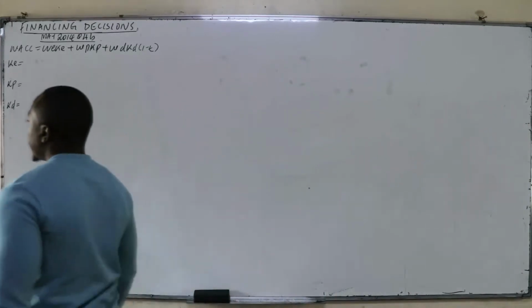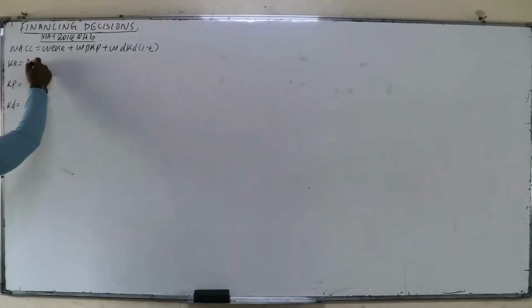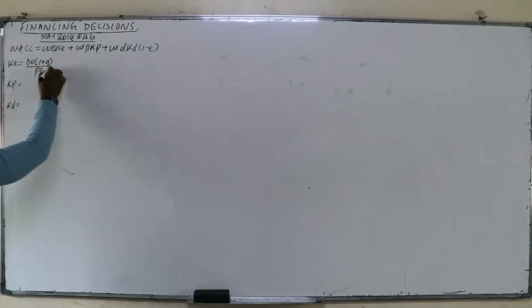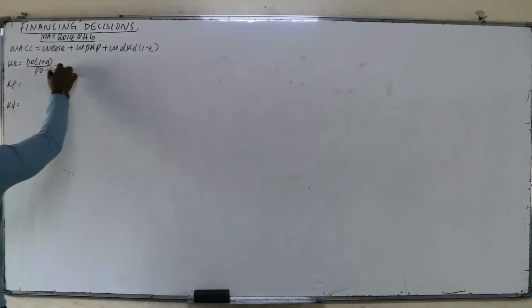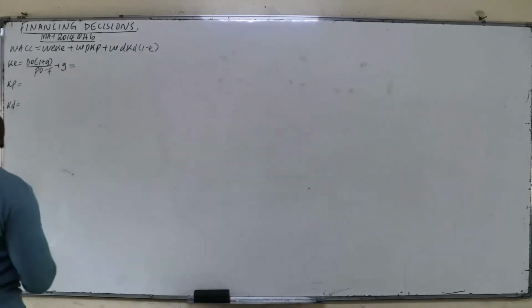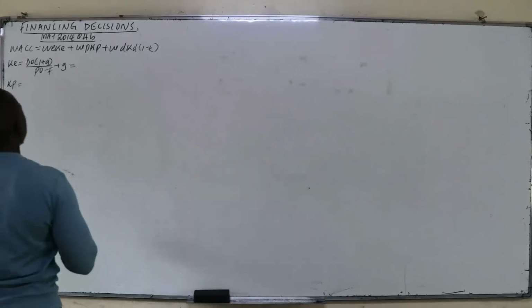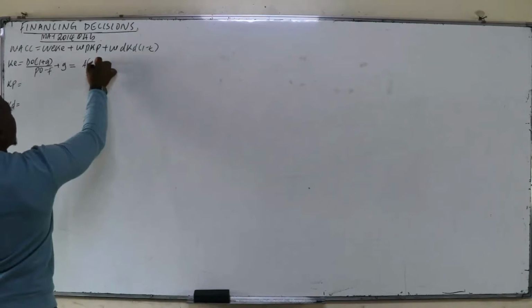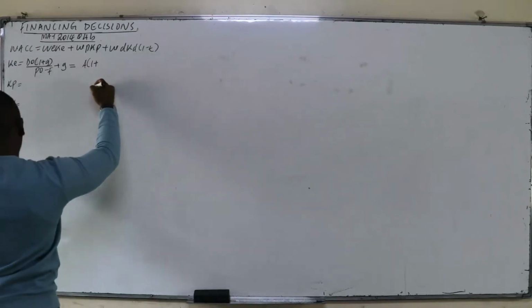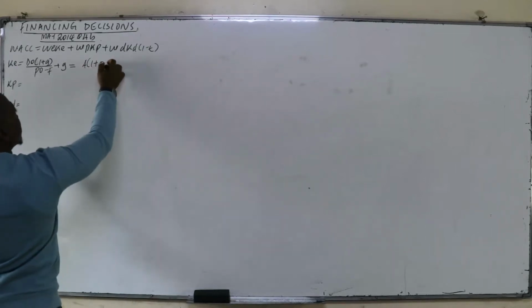And how do we get the cost of ordinary share? It's D0 (1 plus g) over P0 minus flotation, plus g. But in this case, we're evaluating the existing funds, so there is no flotation cost. You can only consider the flotation cost for the preference share, but not for ordinary share. Then we add the growth rate. How much was D0? D0 times 1 plus the growth rate. How much is g? 0.05.